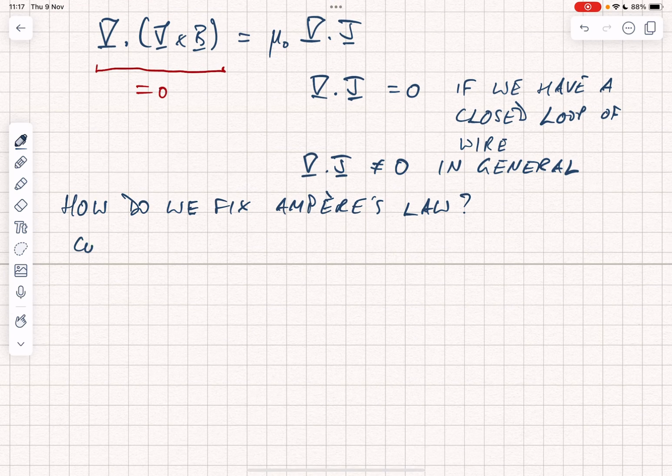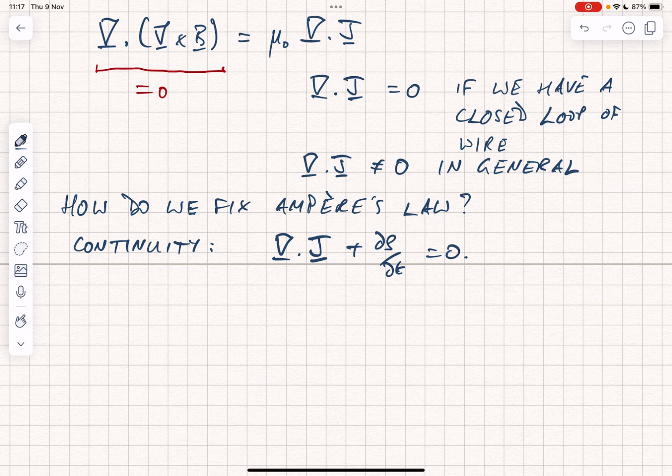So the continuity equation is as follows. We say that the divergence of J plus d rho by dt is equal to 0. You can derive that, well, not really properly formally derive, but you can certainly obtain it by considering different definitions of current, and that's in a separate video. Now, noting that div j plus d rho by dt is equal to 0 suggests that there's an easy way for us to fix Ampere's law.